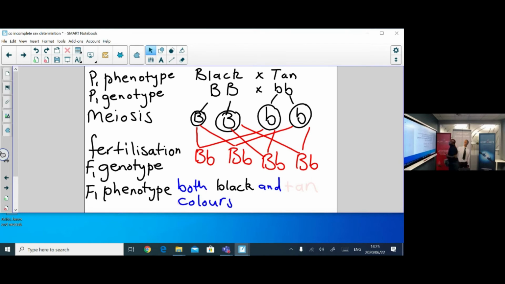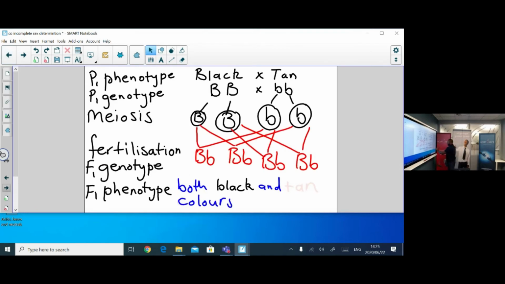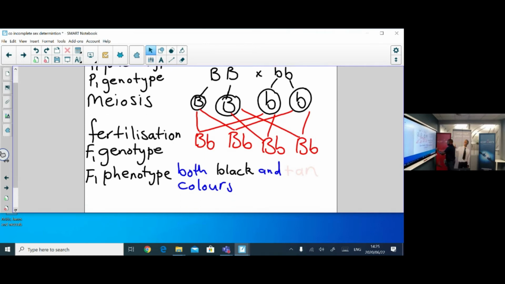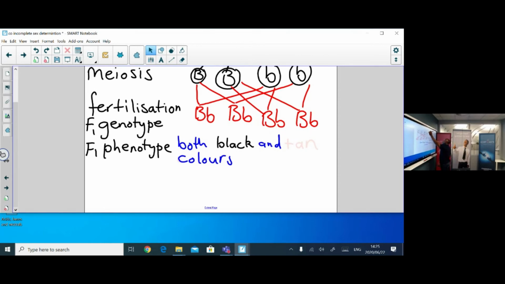What did the question say? What will be the phenotypes and genotype of the offspring? So you can go on to say, all F1 phenotype will be B and B. Sorry, genotype B and B. You've answered.